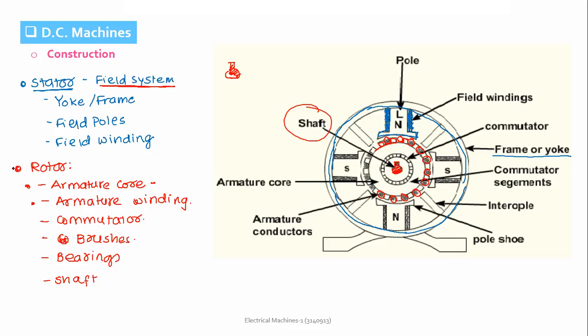So this forms the rotor part. This entire arrangement is mounted on the shaft, and the shaft is coupled with a prime mover or turbine or any other motor to rotate the entire armature.